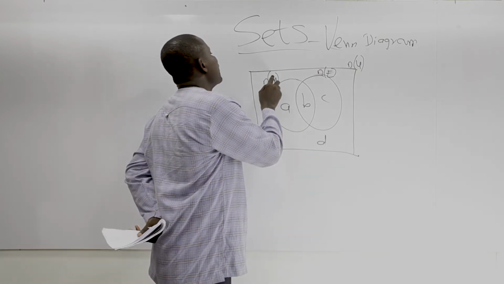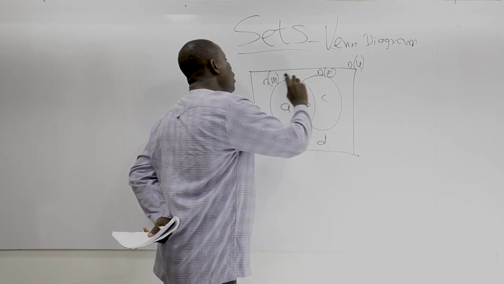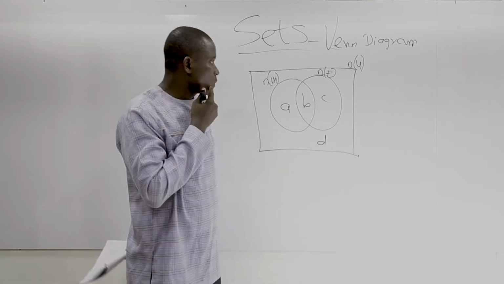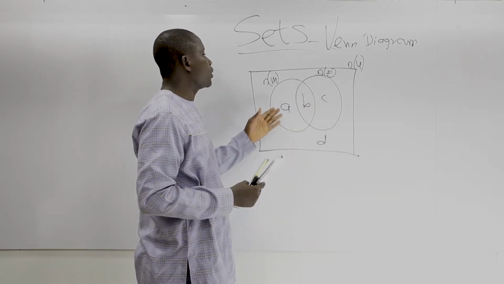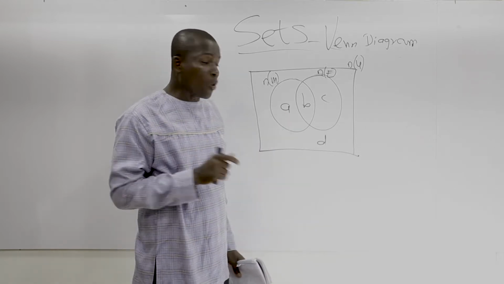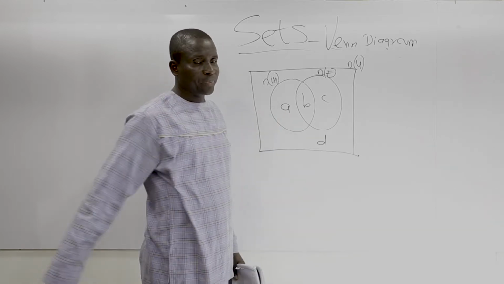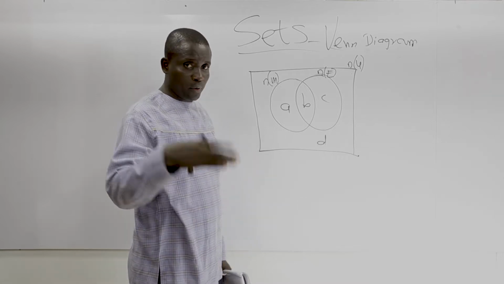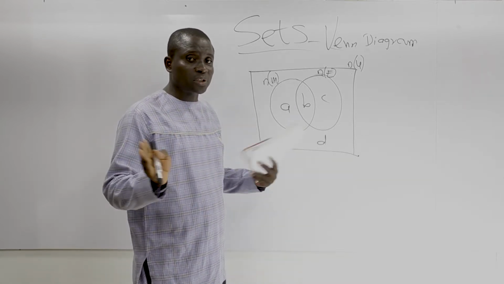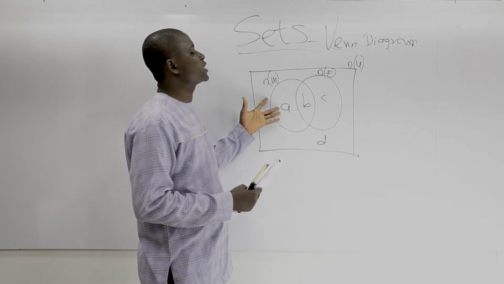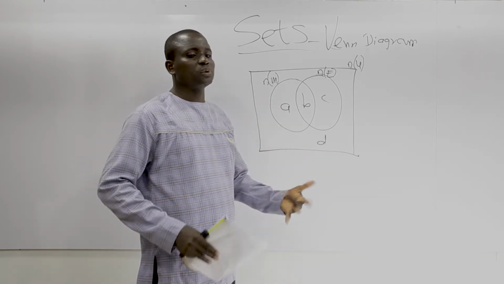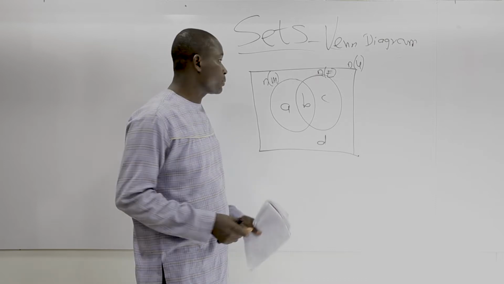So the whole of this circle is mathematics. The A here is the number of students studying mathematics only. Carefully look at this, because when we reach the three-set problem, the dynamics is going to change. But here we start from the two-set problem, build it from here, then we shall subsequently reach the three-set problem.